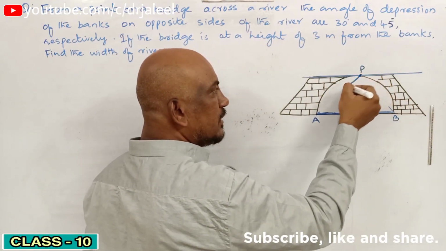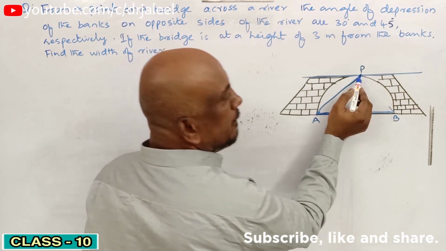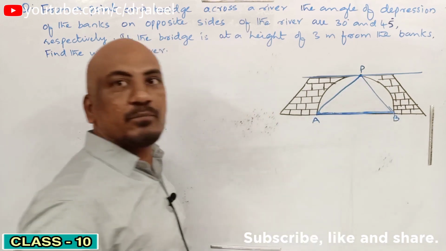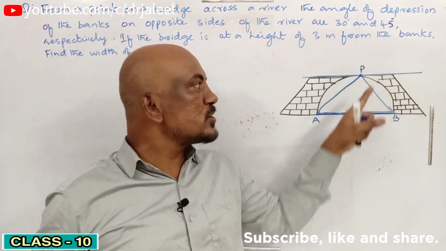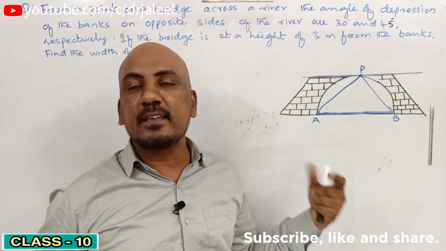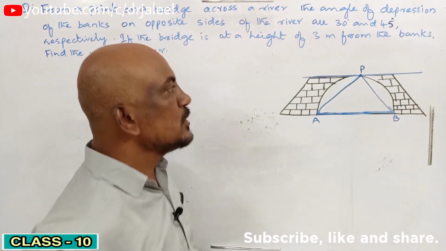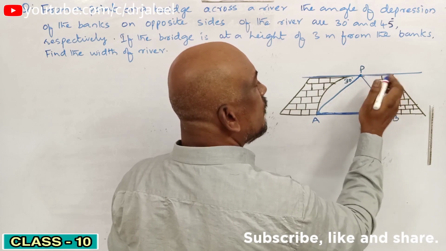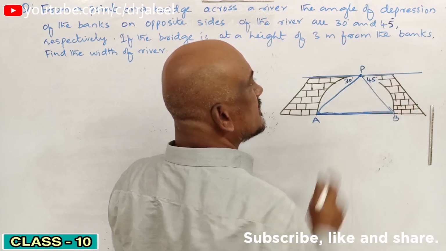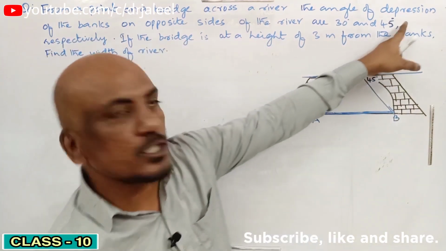From this point, one is observing bank A and bank B. When somebody observes banks from the top of the bridge, what kind of angle is made? It is the angle of depression. So this one angle is 30 and the second one is 45 degrees. So we have completed the question till this.